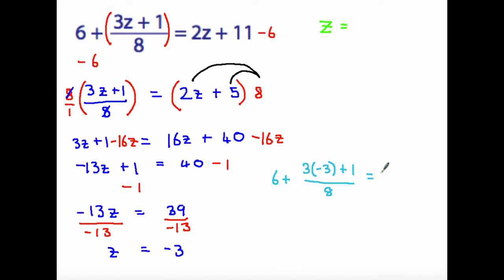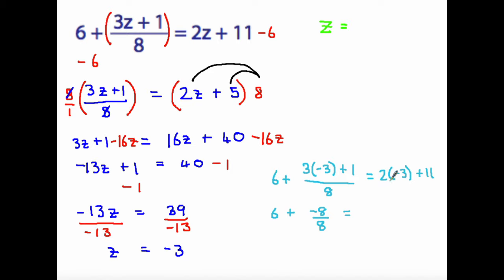And on the right-hand side, 2 times negative 3 in brackets plus 11. You could put this straight into your calculator if you wanted to, exactly like this on the left-hand side, and see does it equal the number on the right-hand side. But I can just do it quickly. 6 plus this is negative 9 plus 1 is negative 8. Negative 8 over 8 becomes negative 1.